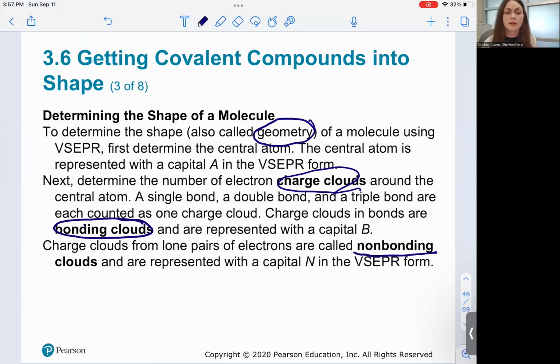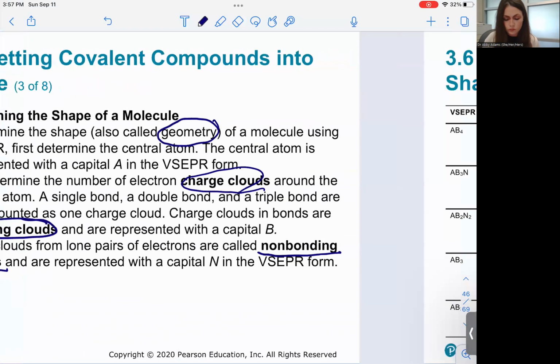The non-bonding electrons are just stretching out there, repelling everybody as far away as they can. So that's going to make the structure different, if you have a non-bonding pair of electrons that don't bond with another atom.